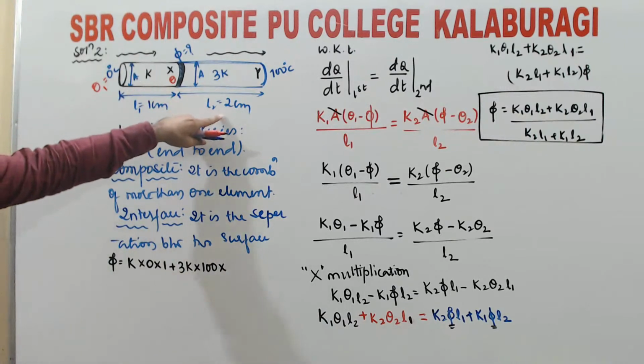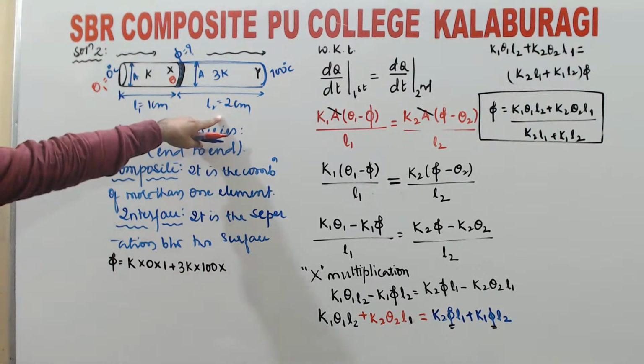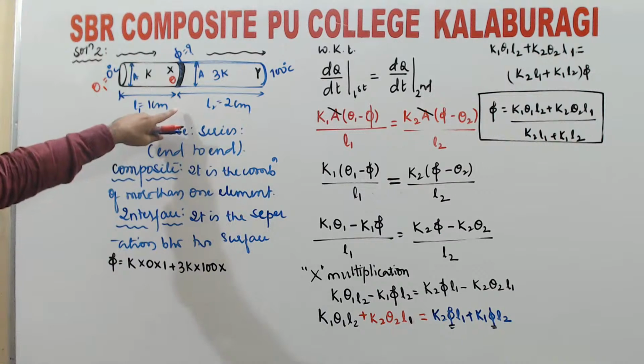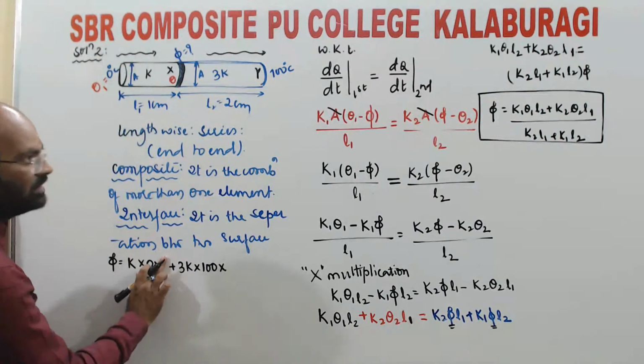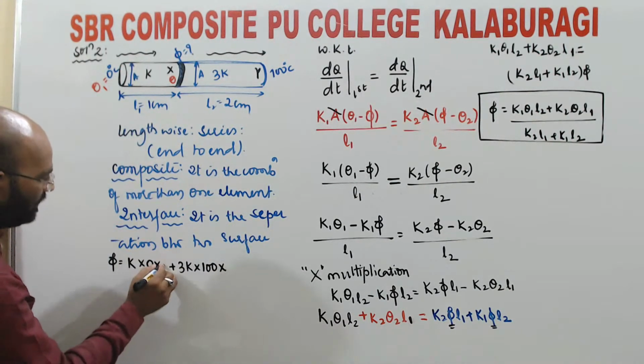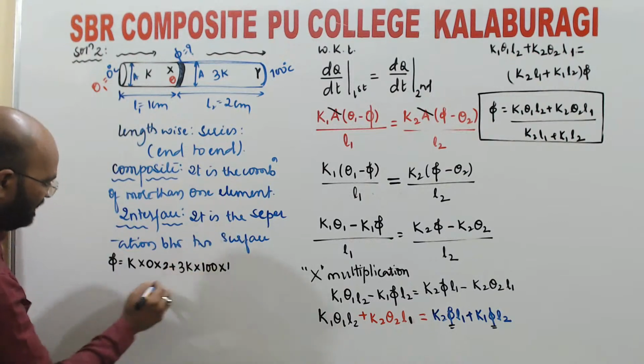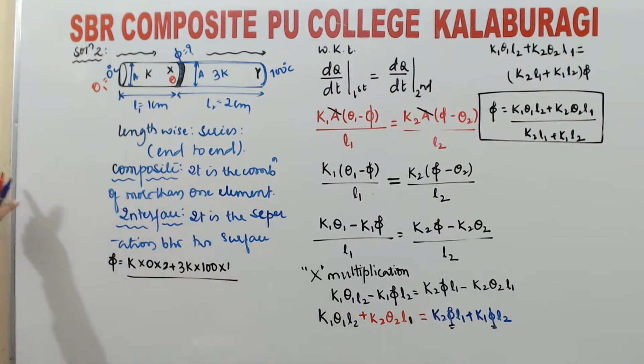Sorry, L2 will be 2 and L1 will be 1, whole divided by K2.